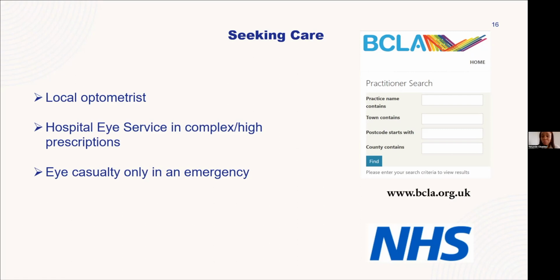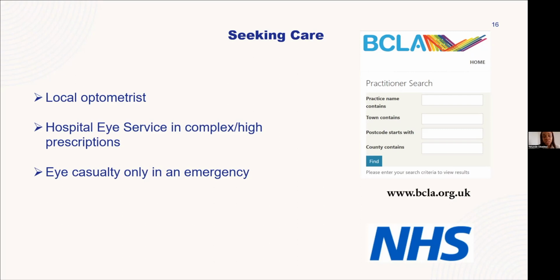And I've just put their website address there, www.bcla.org.uk. For the hospital eye service, we'll only see the most complex cases and cases with very high prescriptions. You would need a referral from your local optometrist to be seen in the hospital or your GP.